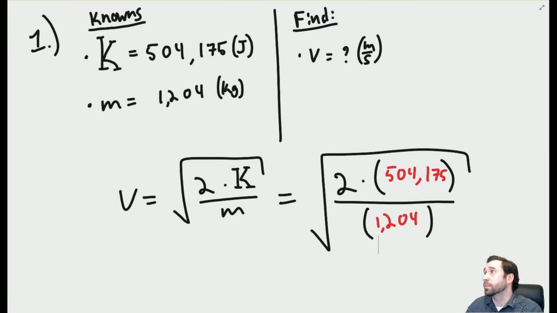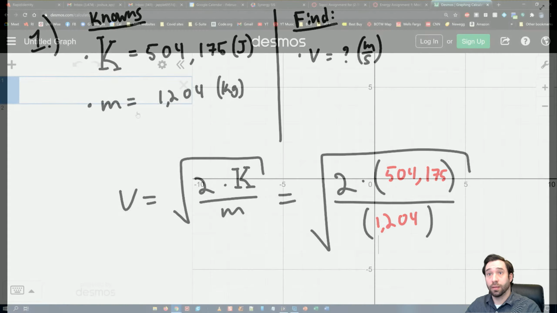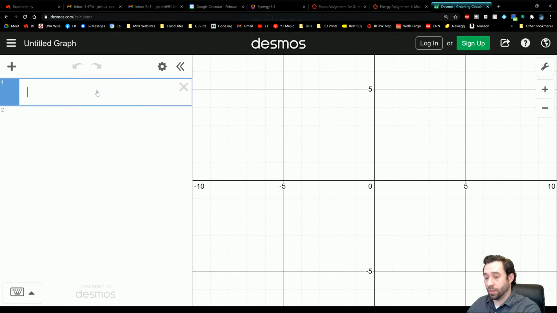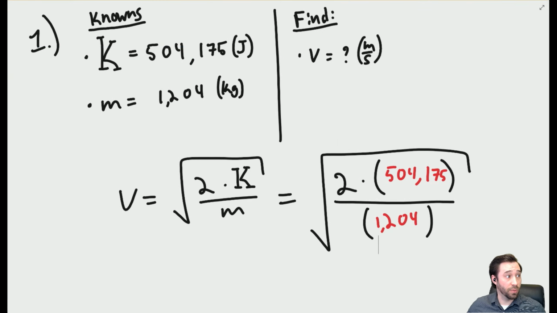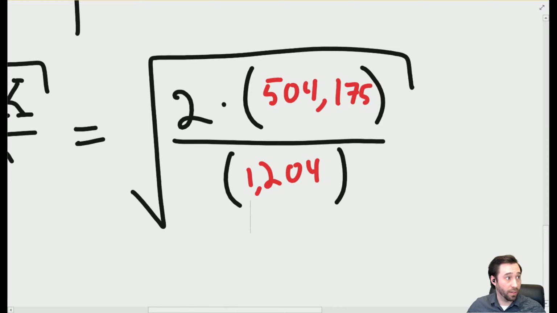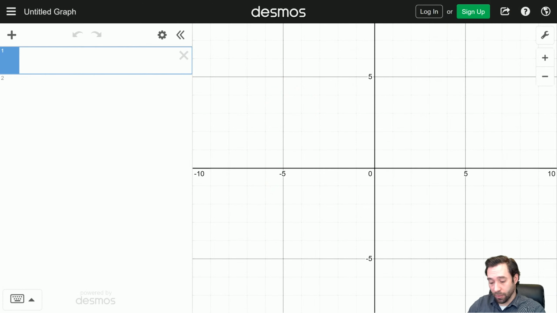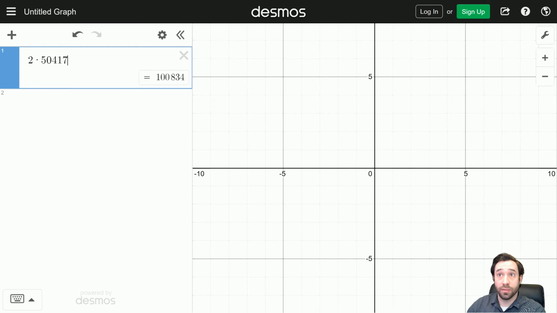Alright. Let's switch over here. Okay, calculator. Alright. So when I switch to here, when I'm trying to put my formula in, just to remind you, this is what I'm trying to put in my calculator. This right here. Now, in order to put that in, I recommend doing this. So 2 times 504,175.